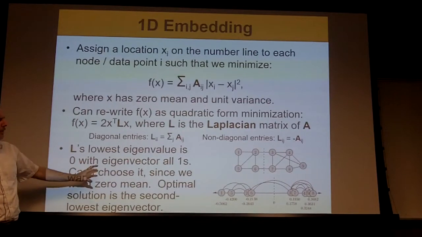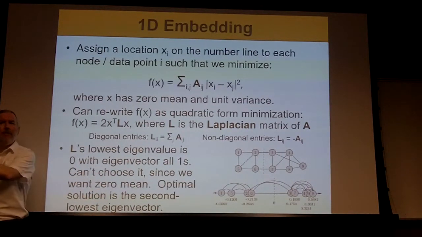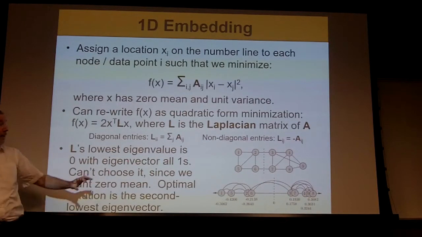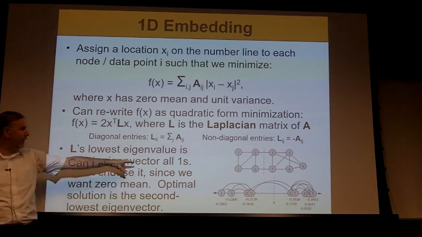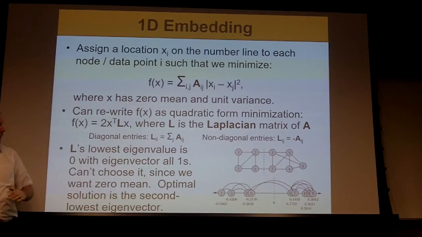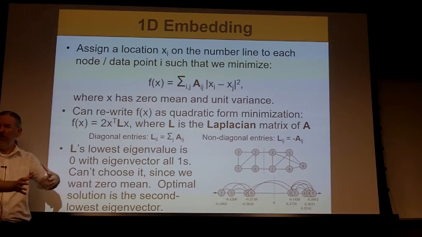You'll notice that, remember before, the first eigenvector, the biggest eigenvector, was special, and so we deferred to the second, the third, and the fourth. Same thing here with the low eigenvectors of the Laplacian. The lowest one is kind of dumb. It's all ones. And so we care about the second lowest, and maybe the third lowest and fourth lowest. Those are the ones we really like.